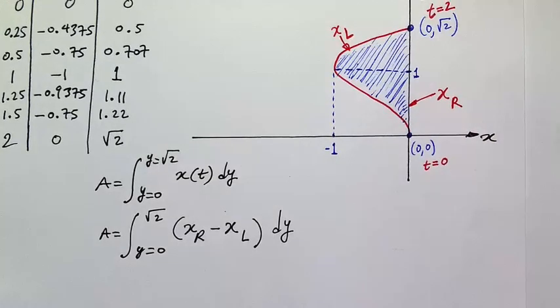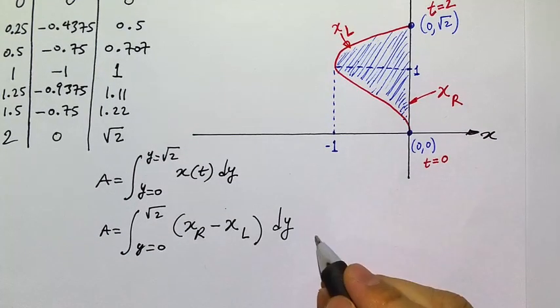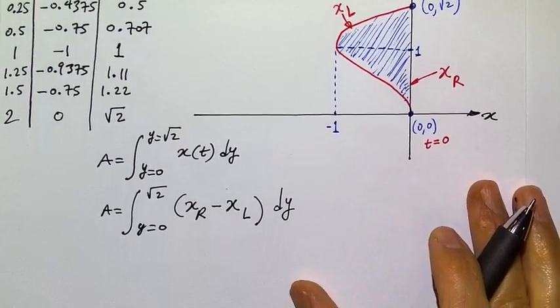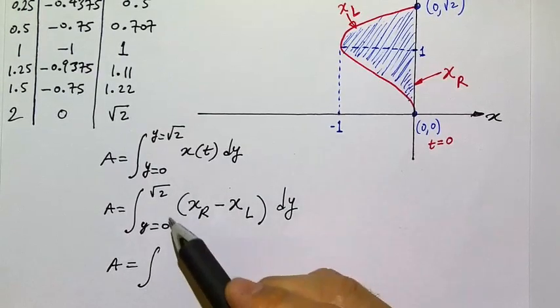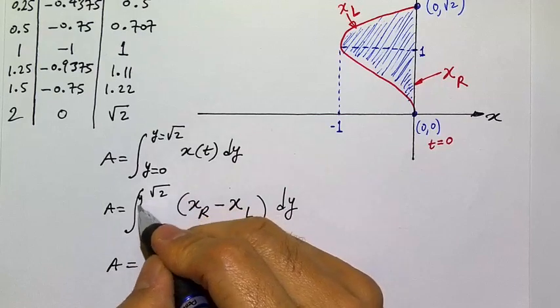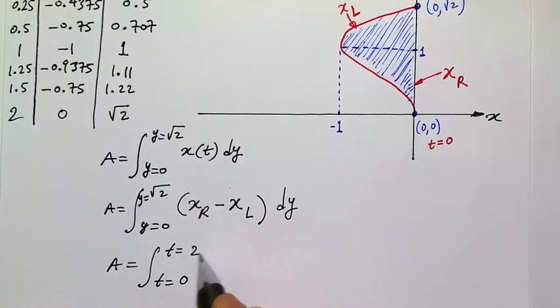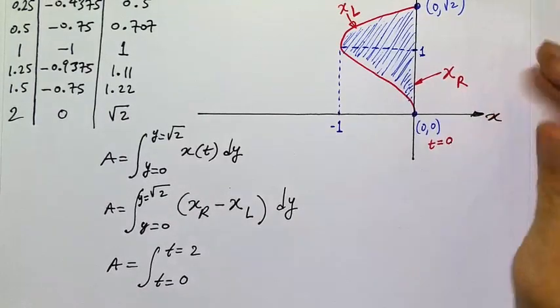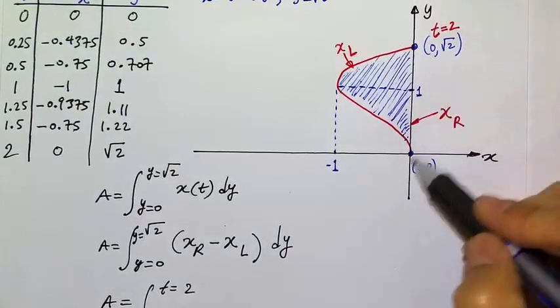So let's switch to the t variable. I'll write it underneath this; I have enough space still. So a equals, notice I'm switching from y to t, which goes from 0 to 2, for the same points.